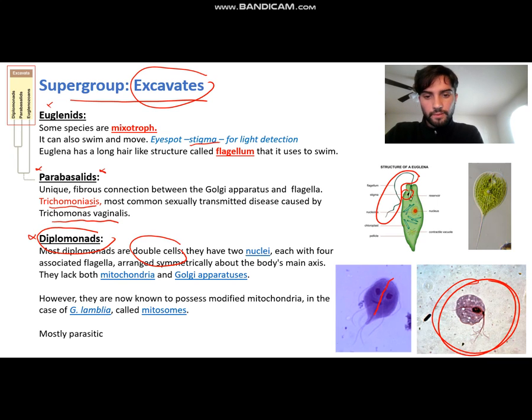So there is one nucleus and another nucleus, and they have 4 flagella each. So you end up having this structure, and they lack mitochondria and Golgi apparatuses. They have mitosomes that substitute the mitochondria, and they are mostly parasitic. Okay, so this Giardia lamblia also can cause disease in humans.